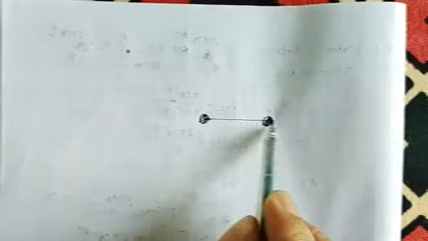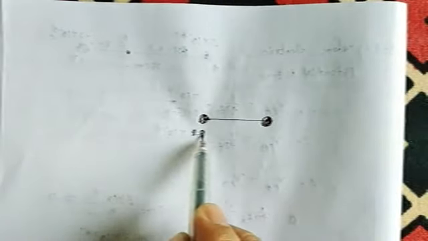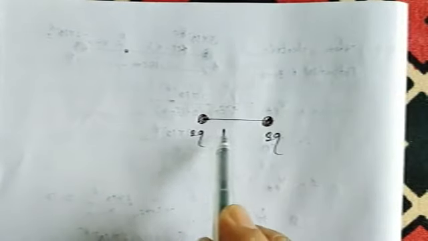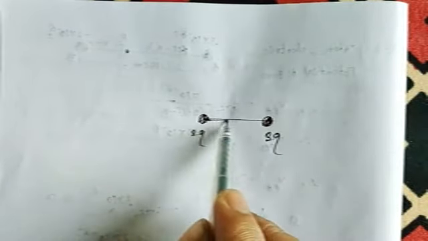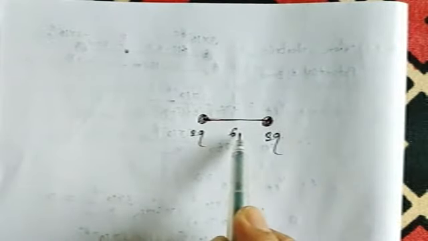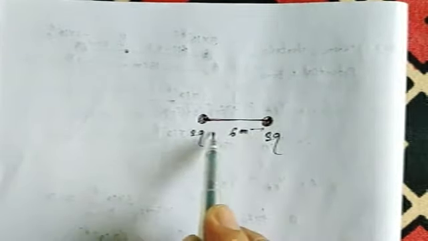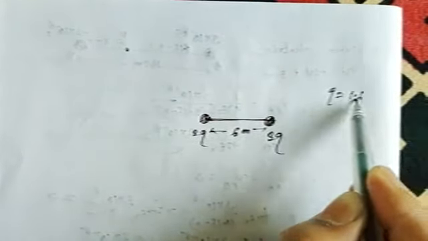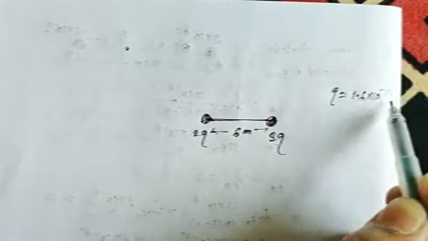Now another type of problem based on a triangle only. Let us assume one is a 2Q charge and here is a 3Q charge, and the separation is suppose 6 meter. Suppose the value of Q is again 1.6 into 10 to the power minus 19 coulomb.